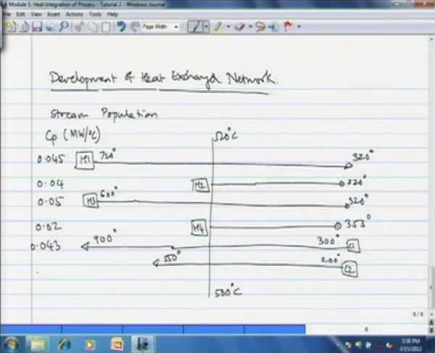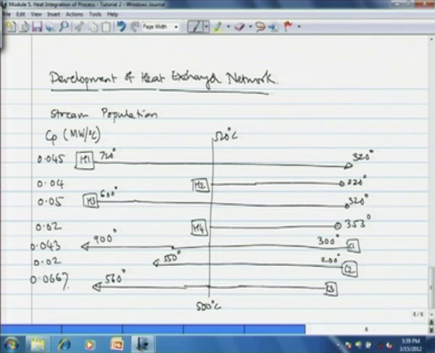It has a Cp value of 0.02, and C3 goes from 300 to 560 with Cp value of 0.0667. So, now we have at a glance the stream population, what the streams are and what temperatures they are going above and below the pinch.